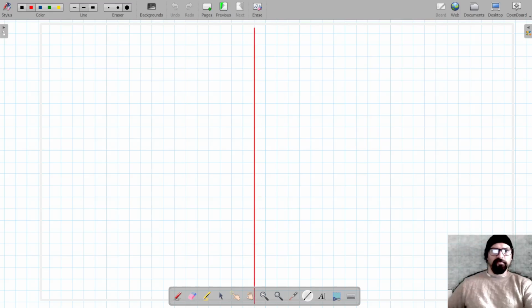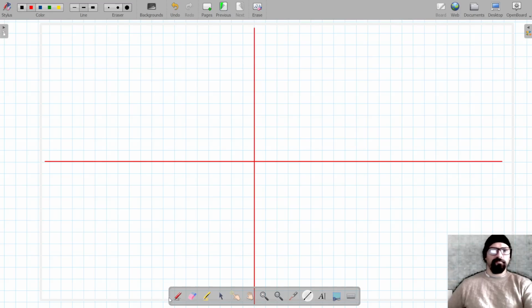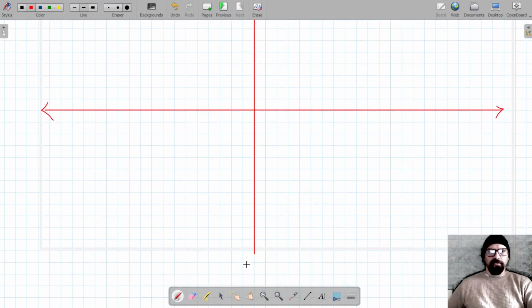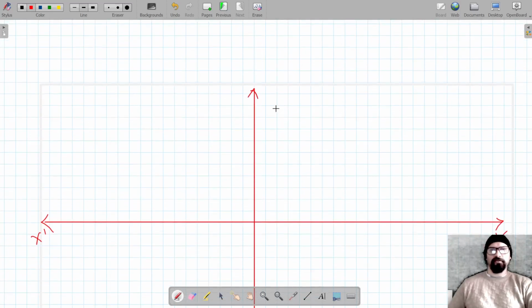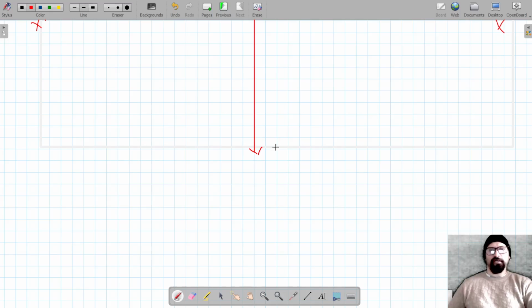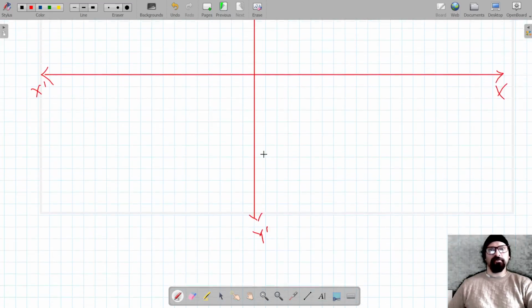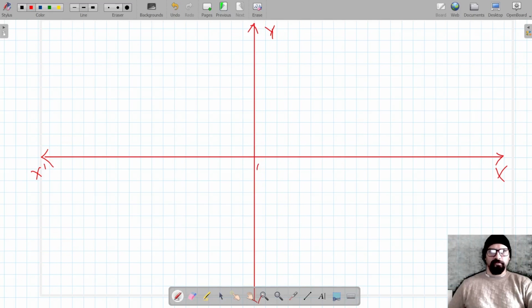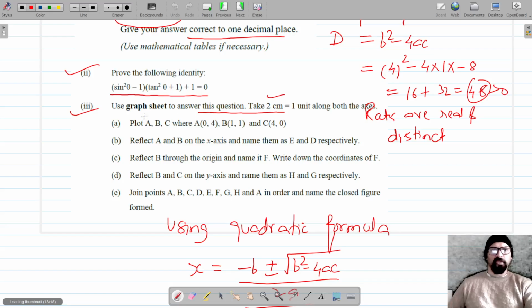So this is the Cartesian plane, and we have to plot A, B, and C. This is the coordinate axis: x dash, x, y, and y dash. This is the origin, and it's given that we have to take 2 centimeters equal to 1 unit.